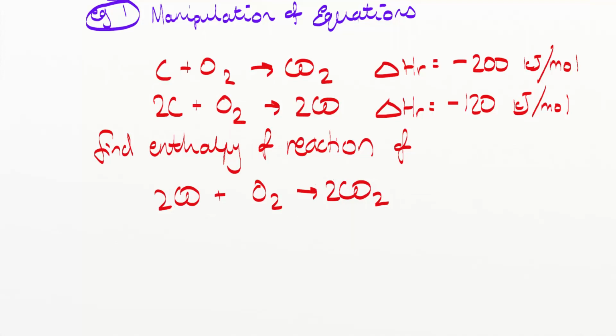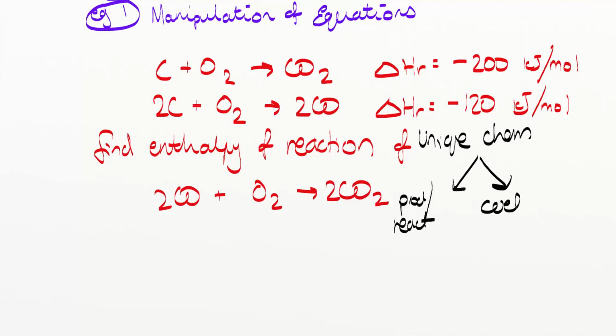So why do we care about unique chemicals? Because the unique chemicals will tell us what type of manipulations need to be done. The 2 ways they tell us is by whether they are a product or a reactant, and what the coefficient is. So let's have a look over here.